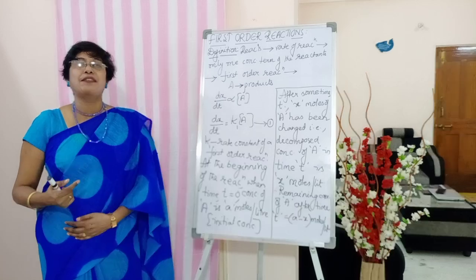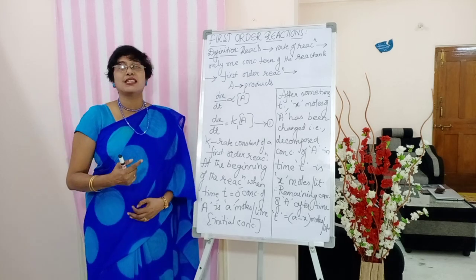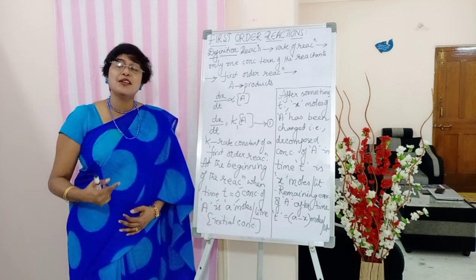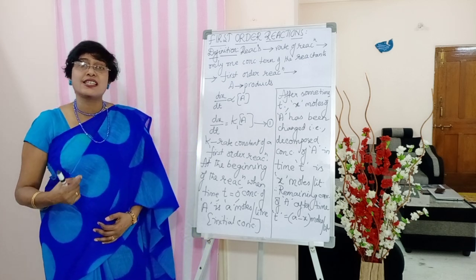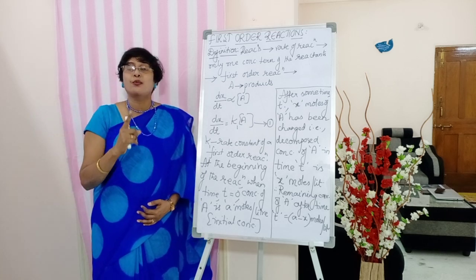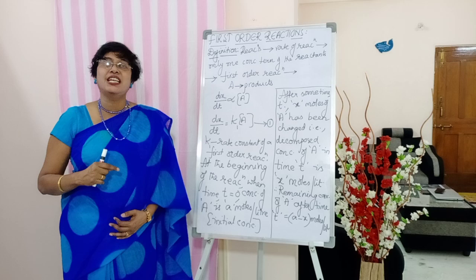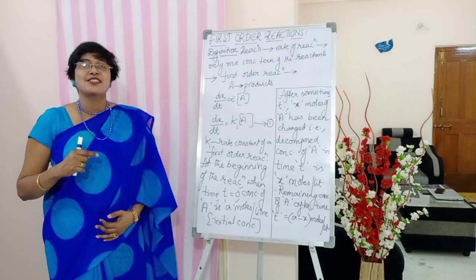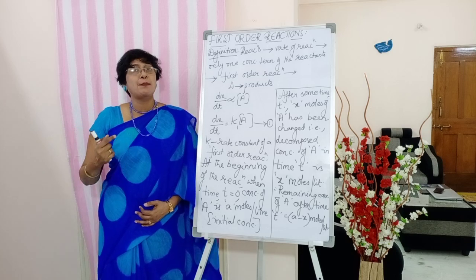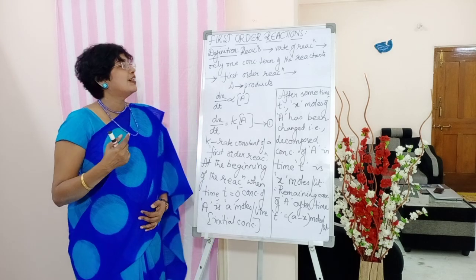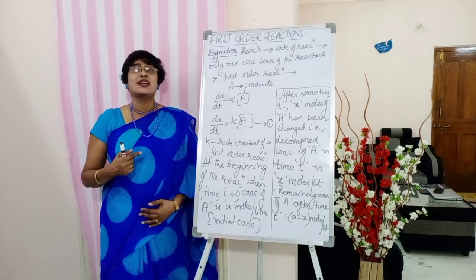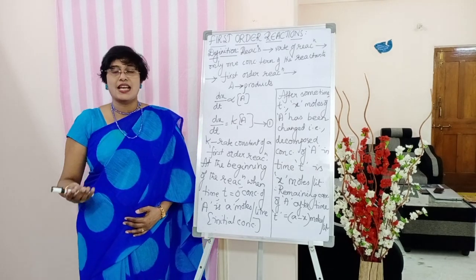So how do we define a first order reaction? A first order reaction is nothing but the reaction in which rate of reaction depends on only one concentration term of the reactants. So write down: the reactions in which rate of reaction depends on only one concentration term of the reactants are called first order reactions.